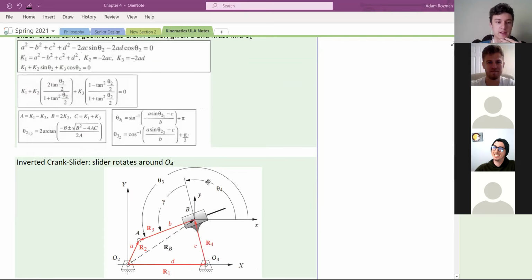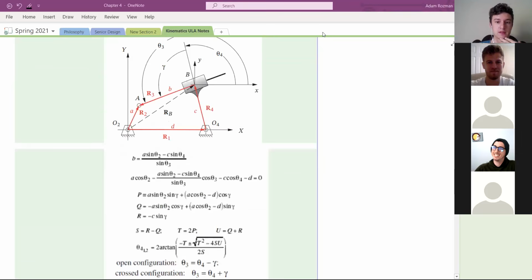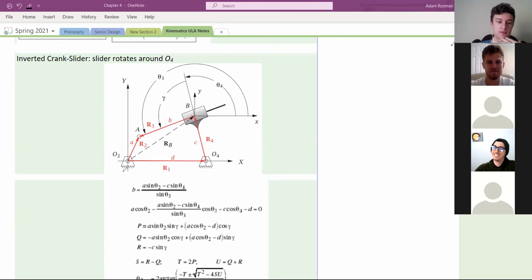So the inverted crank slider, you're basically just grounding, and you have 4 links again, and you're grounding this bottom link. And you have this slider that's going to be a constant radius from O4. So basically it can do this motion.